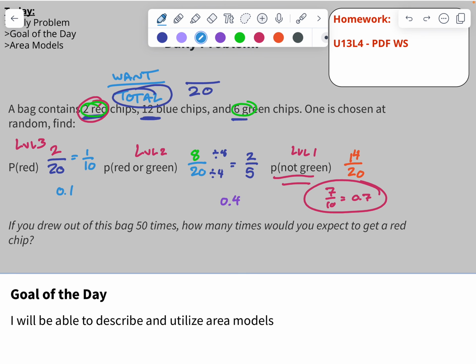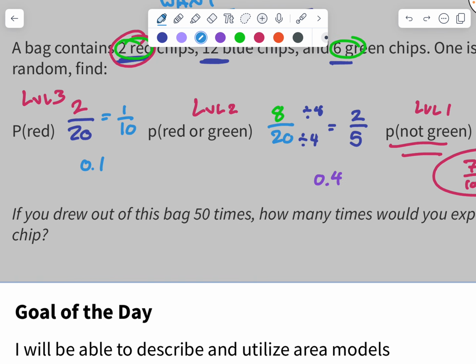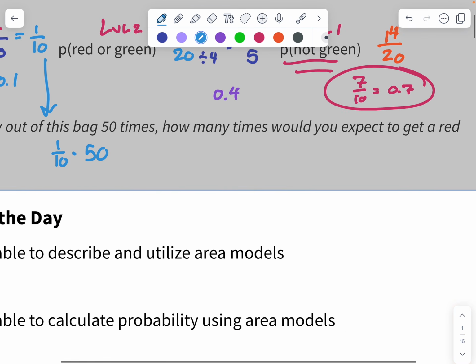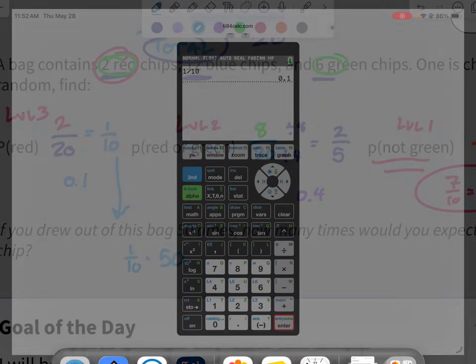Now, this question is going to be helpful for us in a moment. If we drew out of this bag 50 times, if I got to level 3 50 times, how many times am I going to find that red chip? We've done this a couple of different times in class, but the idea is to take your probability, 1/10, and multiply that by how many attempts I have. So if I win 1/10 of the time, what's 1/10 of 50? There are a couple different ways to do this on your calculator.